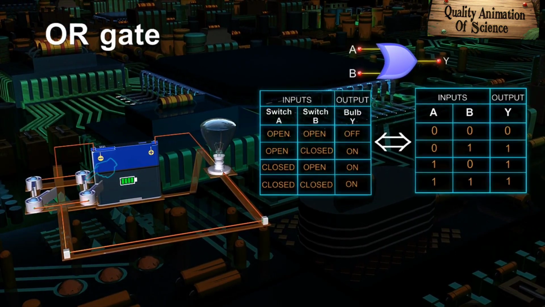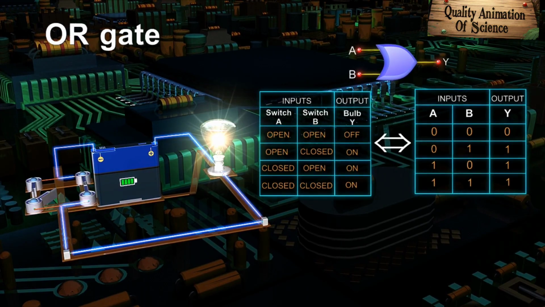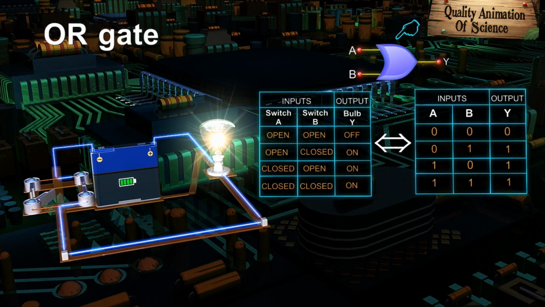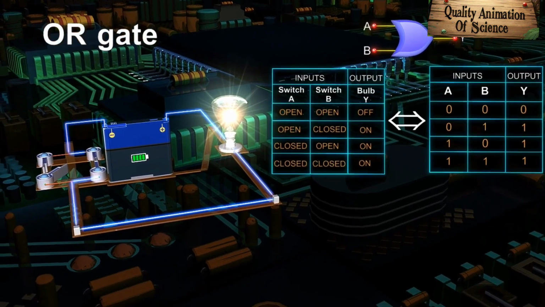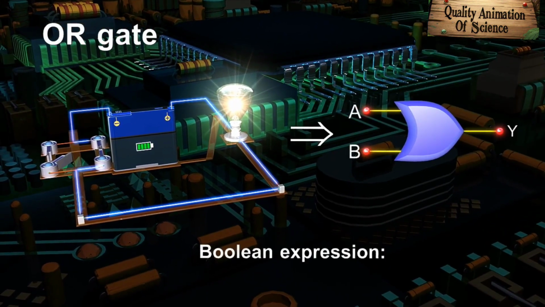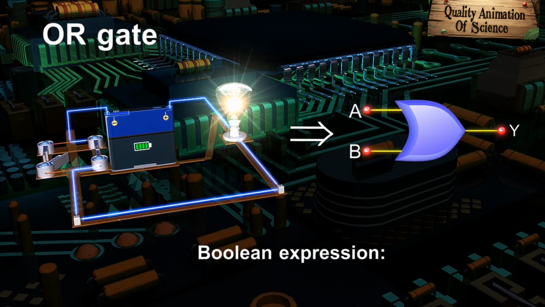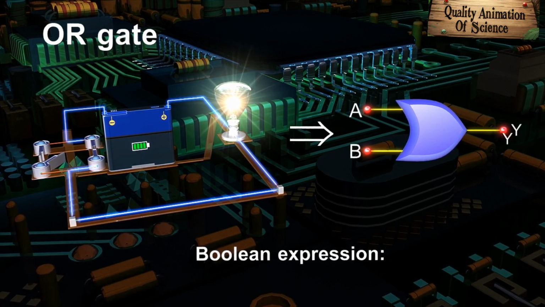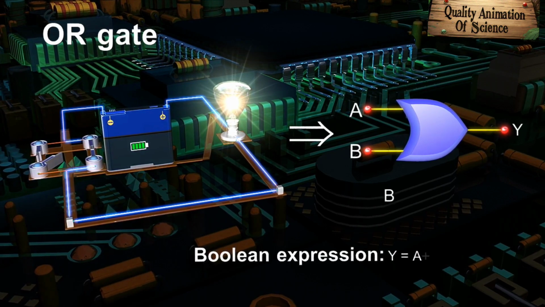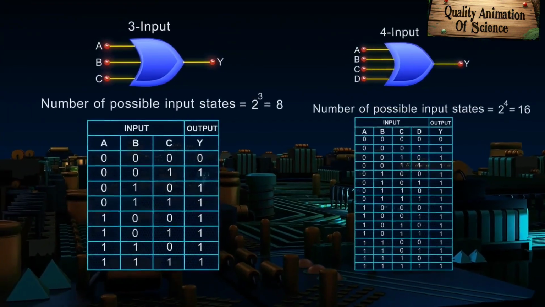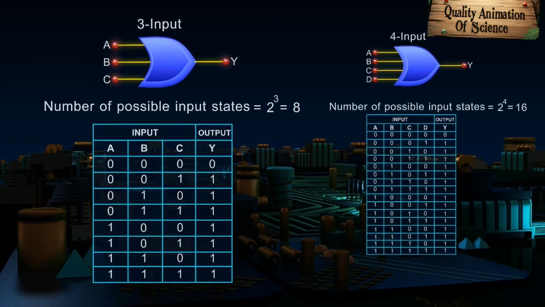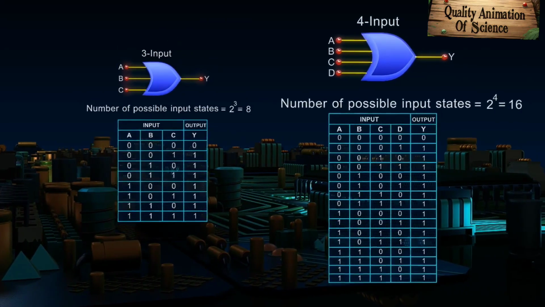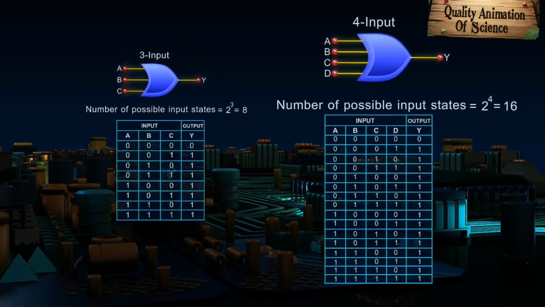For all other combinations of inputs, the output is 1. The schematic symbol of the OR gate is as shown. The Boolean expression of output Y is equal to A or B. The truth table for 3-input and 4-input OR gate are as shown.